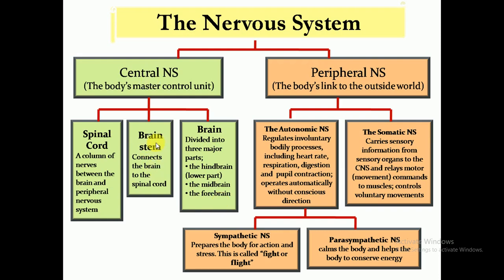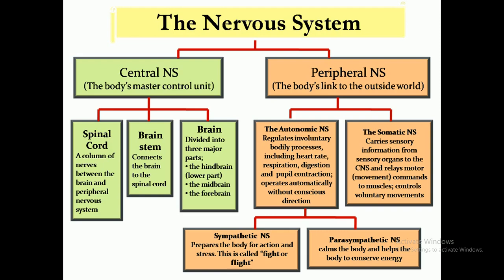The basic function of the brainstem is that it connects the brain to the spinal cord, while the spinal cord is the column of nerves between the brain and the peripheral nervous system. The peripheral nervous system is further divided into the autonomic nervous system and the second one, the somatic nervous system.